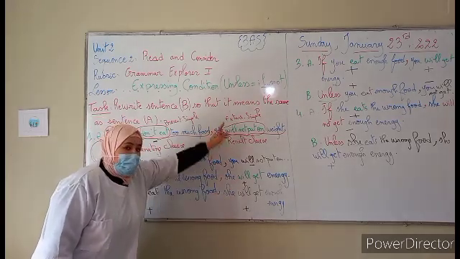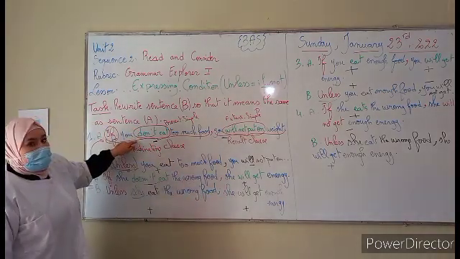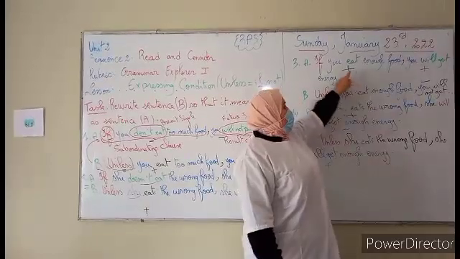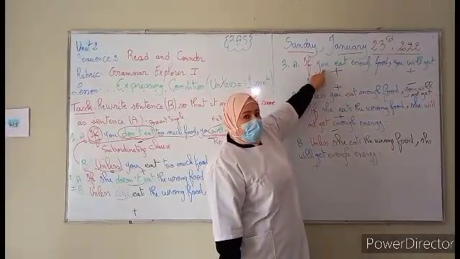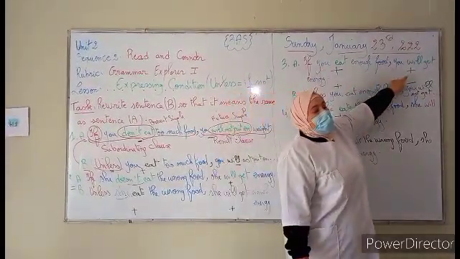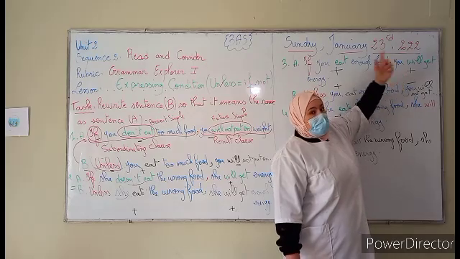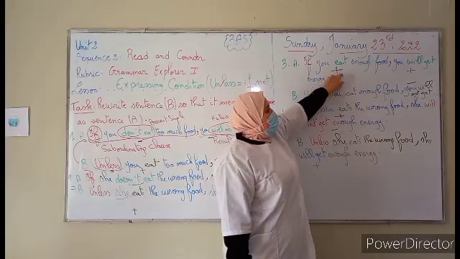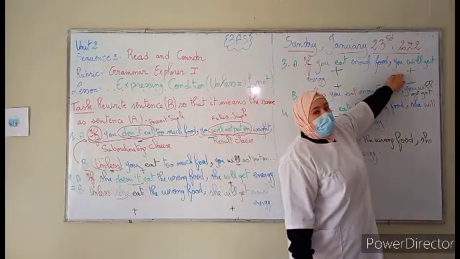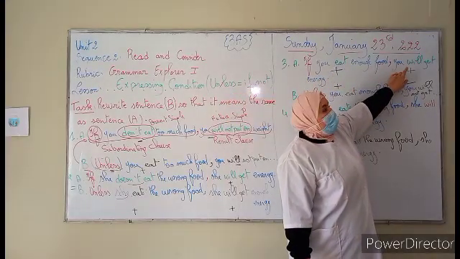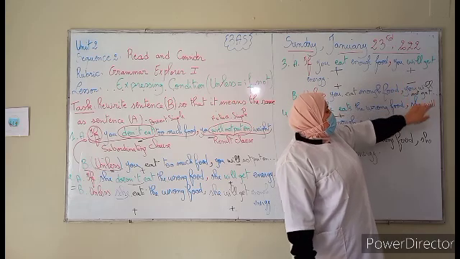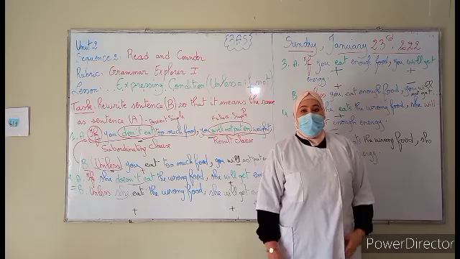You don't change the result clause when the if clause is in negative form. When the if clause is in an affirmative form, you need to transform the result clause. I'm going to repeat. If the if clause is affirmative form, you are going to change the result clause with unless. The result clause, if it is affirmative, you turn it into negative, and if it is negative, you turn it into affirmative.